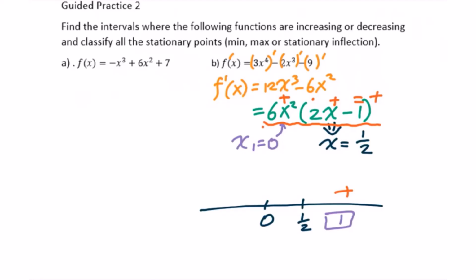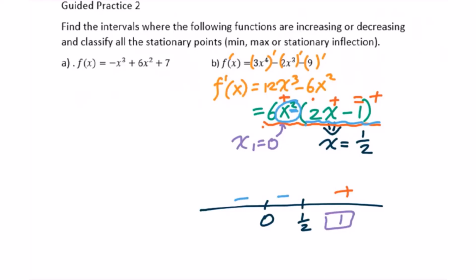The factor will be 2x minus 1. That's a single factor, so we change the sign. This is negative. Then we go to this 0. Where do you get this 0? You get it from x squared. This is an even power, so the sign stays. No sign change.